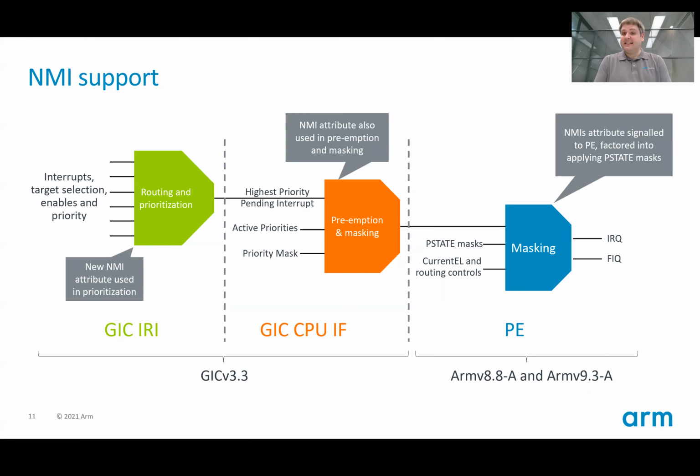What we're adding is changes both in the GIC and in the CPU. Within the GIC, we're adding a new attribute that interrupts can have, the imaginatively named NMI attribute. That's used by the GIC for prioritization. It's also presented to the CPU, and the CPU can internally use that for applying the pstate masks.